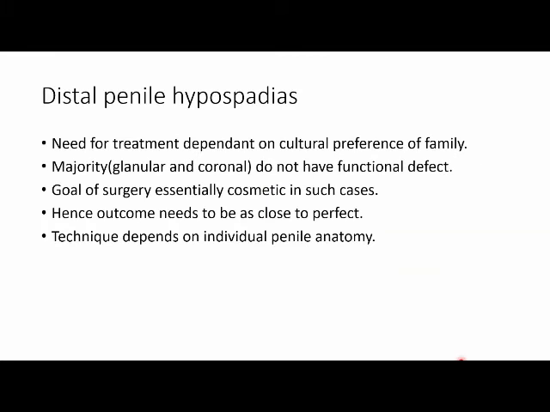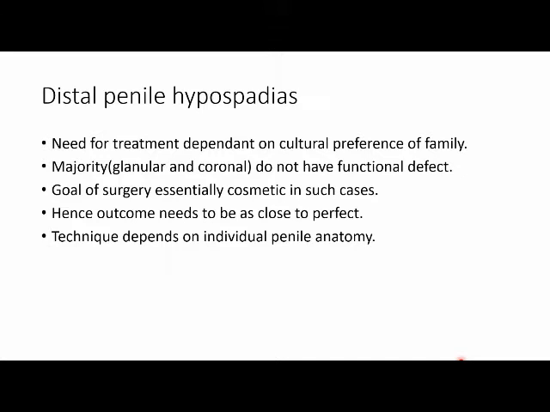So, distal penile hypospadias, if you consider, the need for treatment is mostly dependent on the cultural preference of the family, especially in cases of glandular and coronal hypospadias, where you don't see a proper functional defect, because in those cases mostly the child will be able to void with a good downward stream away from the body.